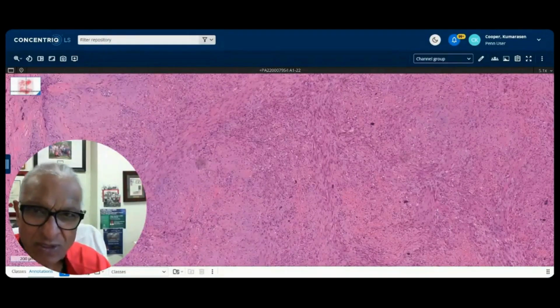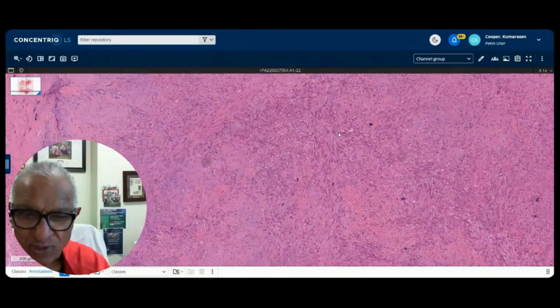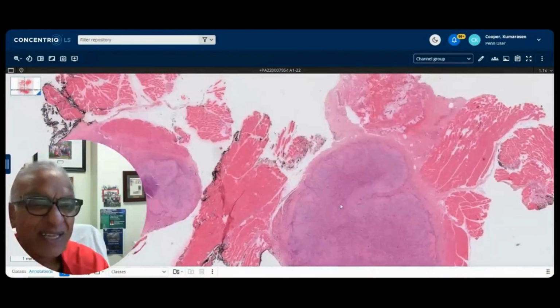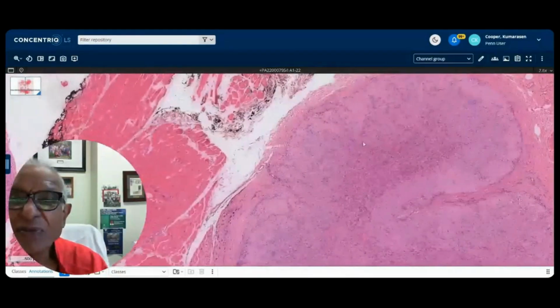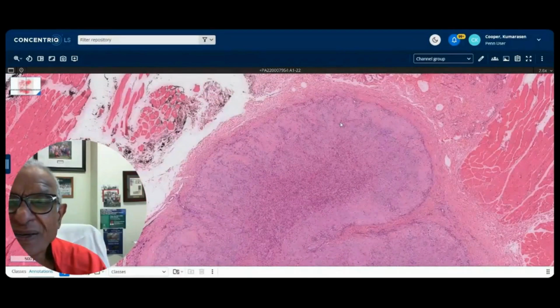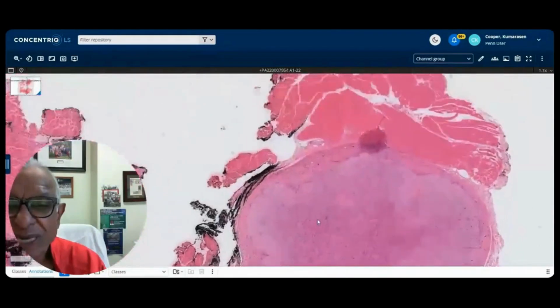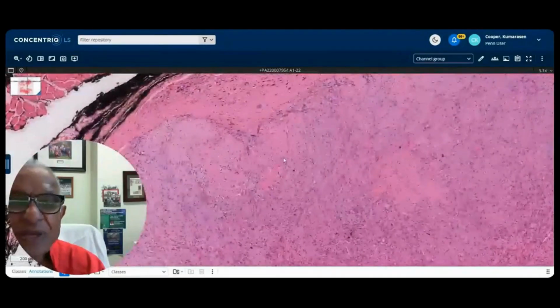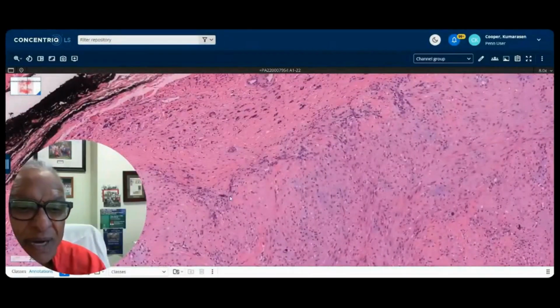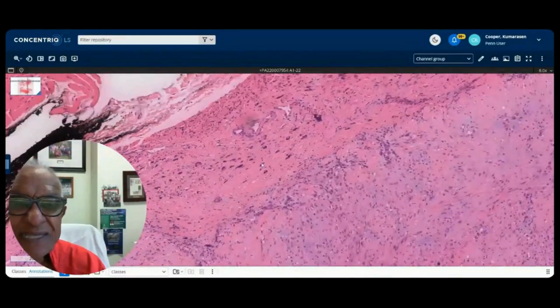I did not do any of the FISH for that, which would be EWSR1 and ATF. I wasn't that impressed with the lymphoid tissue here. On low power, it looks as if it has, but there's no lymphoid cuff here. I think these are just the myofibroblasts, and these are just the skeletal muscle.